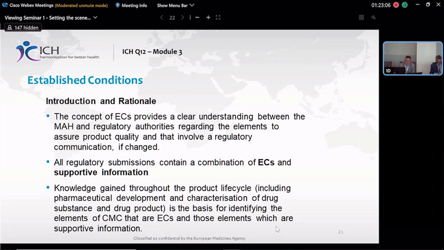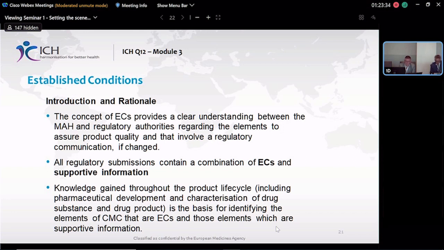The most simple example would be an analytical method in a specification. So you have an assay method, which say your assay limit is 95 to 105%, and you have an HPLC method which has its details in the dossier: its column, its mobile phase, its flow rate, temperature.